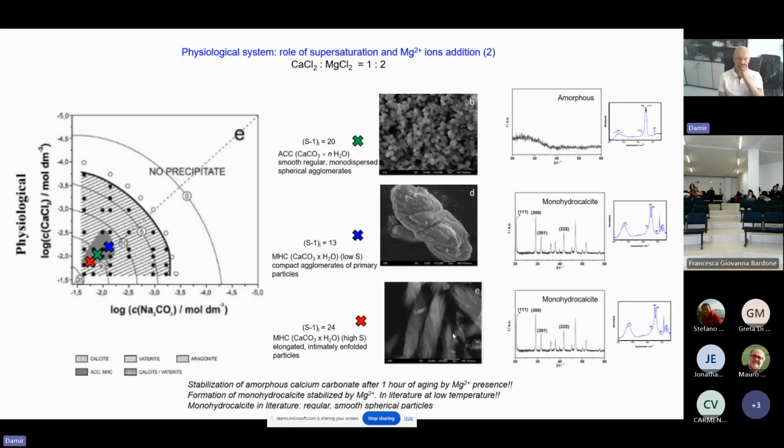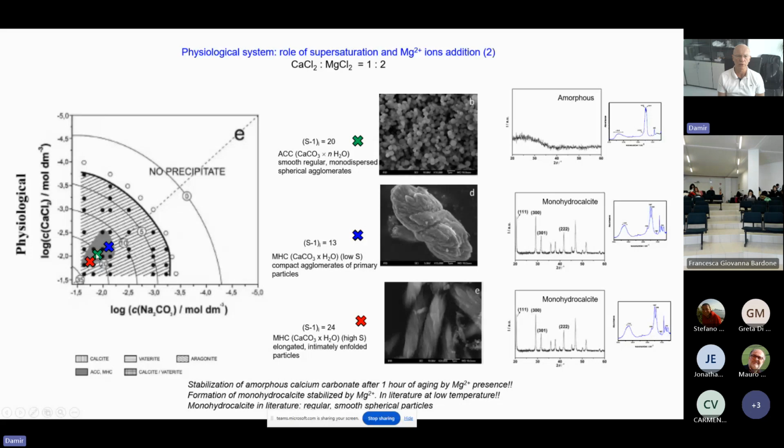And finally, we analyzed this gray shaded region, in which we obtain formation of metastable polymorphs that are amorphous calcium carbonate, but also monohydrocalcite. With these crosses, we indicate the region where we took the samples. So the red, yellow cross indicates the supersaturation equal to 20.